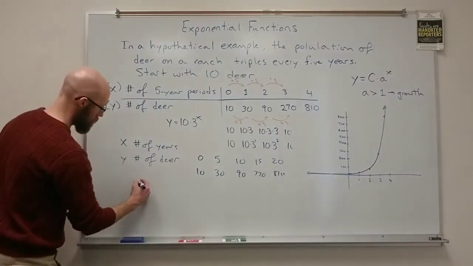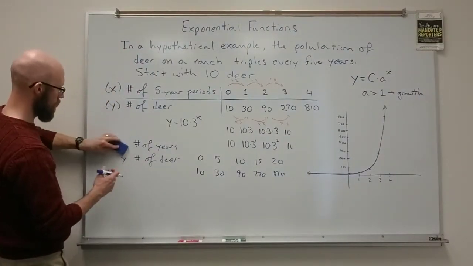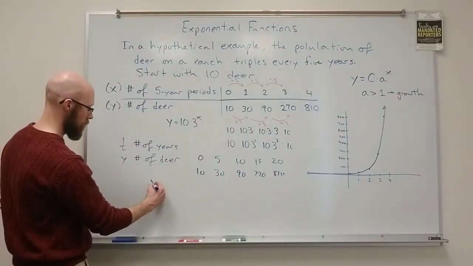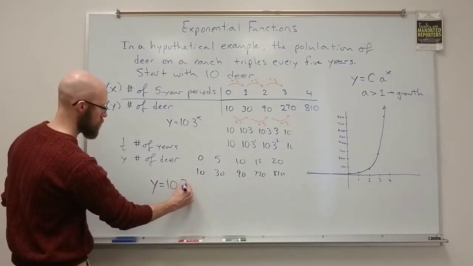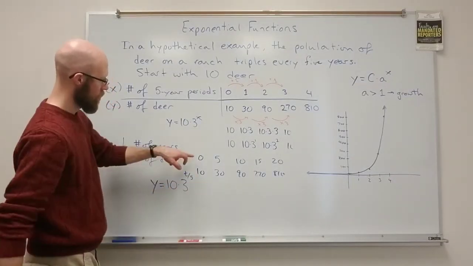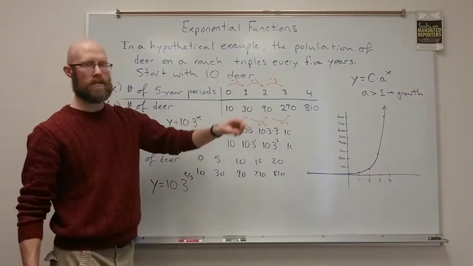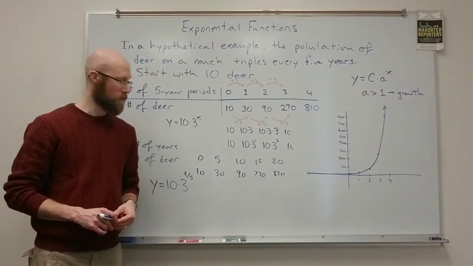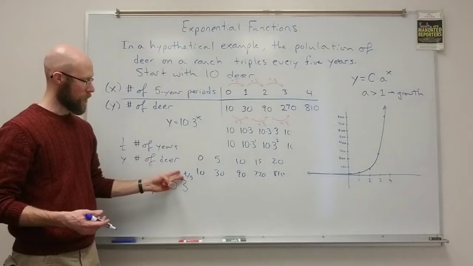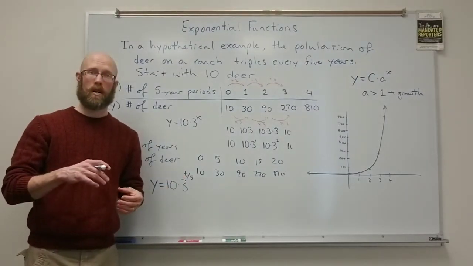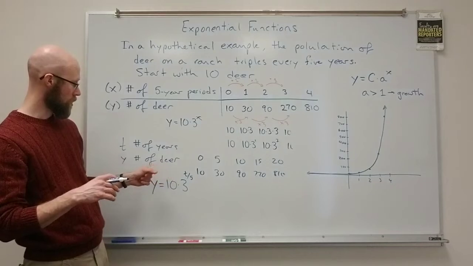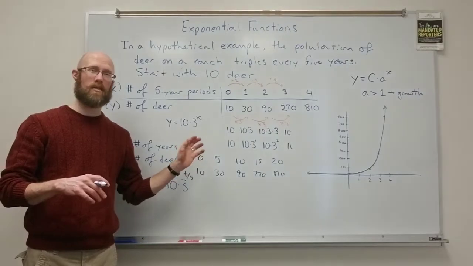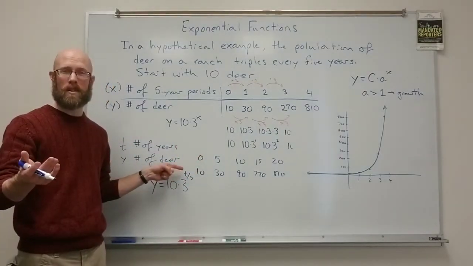So if x is the number of years, or actually, you know what, let's change it to t. I like t for time, right? Time in years. Then you would have a model that's y equals 10 times 3 to the t over 5. You're dividing these t values by 5 to get the number of periods. So it just kind of changes the exponent slightly. Actually, what it does, thinking about if you change the variable, remember this is our transformation stuff.